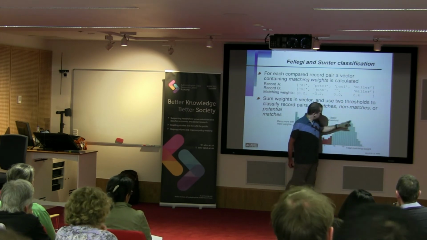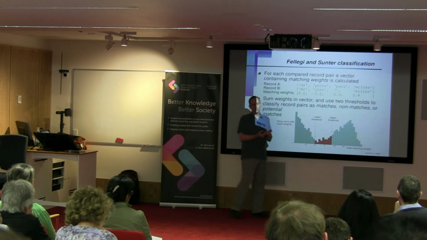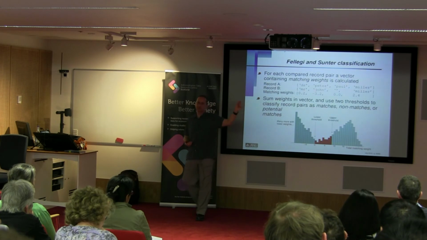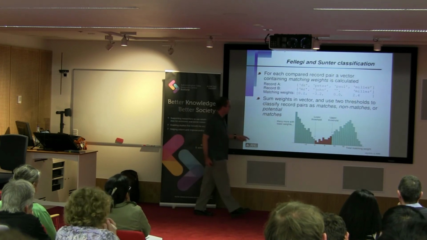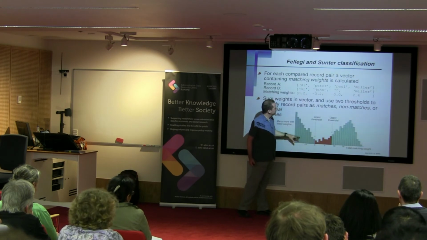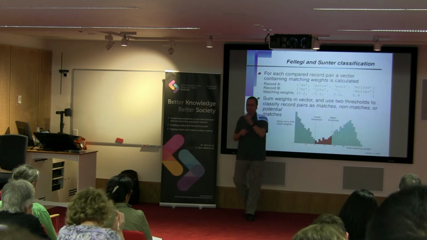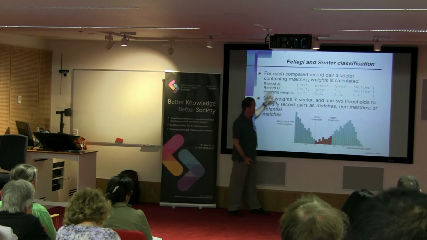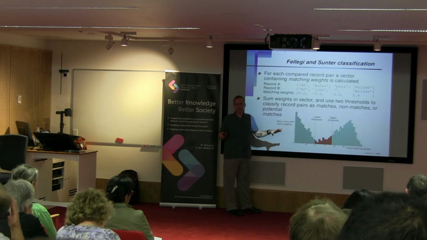Up here, record pairs which have a sum of 20 are highly likely going to be the same person because they need to have positive values in all of the attributes. Over here, we have the records which have negative values everywhere, so they're different in all the attributes, and that's going to be the majority. Lots and lots of records will have negative values everywhere.